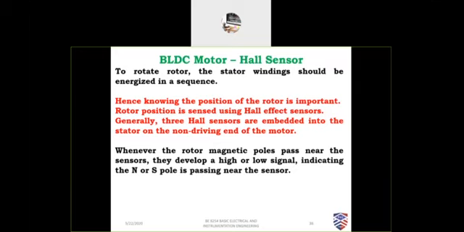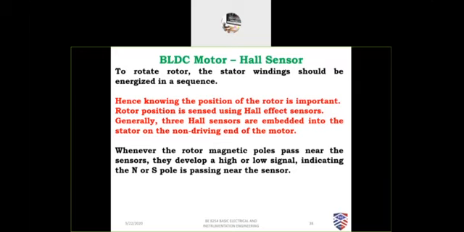You can have a circuitry. If the voltage is going high, you can say north pole. Voltage is going low, you can say south pole. Depending upon your logic, positive logic or negative logic, you can decide upon it. Either you can have high signal as a north or high signal as a south, low signal as a north or low signal as a south. But you have to decide upon what type of logic you are going to use.